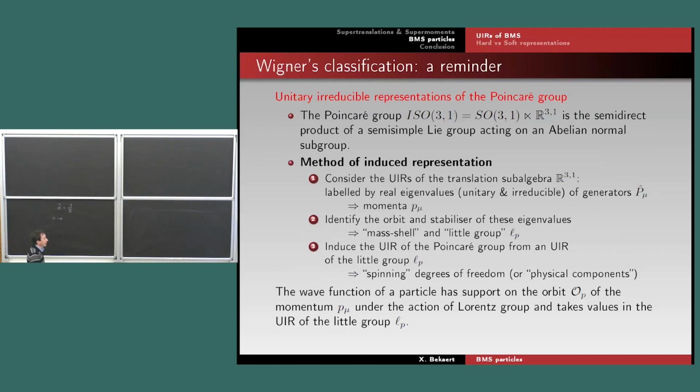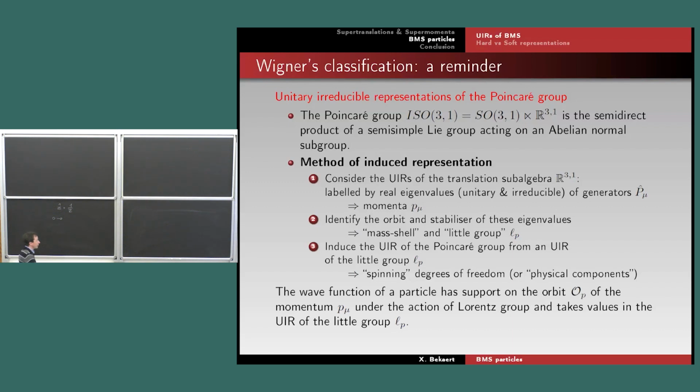They are labeled by real eigenvalues, because it's unitary and irreducible, by Schur's lemma. In practice, you characterize states by momenta, at least temporarily, then you consider orbits and stabilizers. The orbit we think of as the mass shell, and the stabilizer we call the little group.